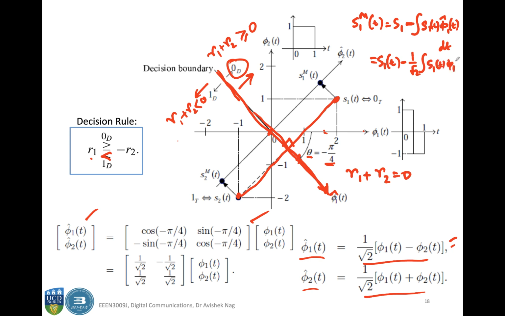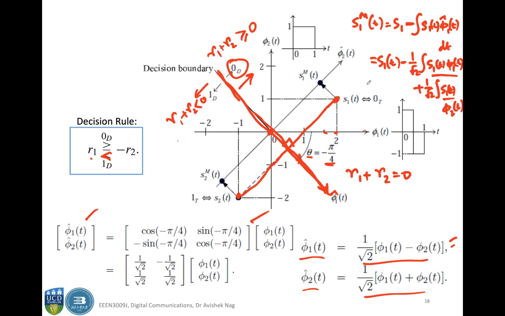the integral of S1(t) times phi 1(t), plus 1 over root 2 the integral of S1(t) times phi 2(t). So the integral of S1(t) times phi 1(t) is basically S11, and this one is S12. So S11 was 2.